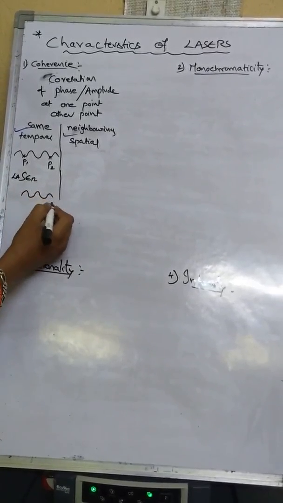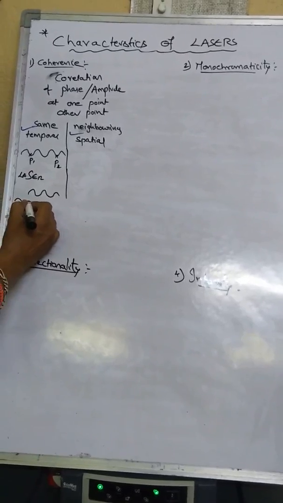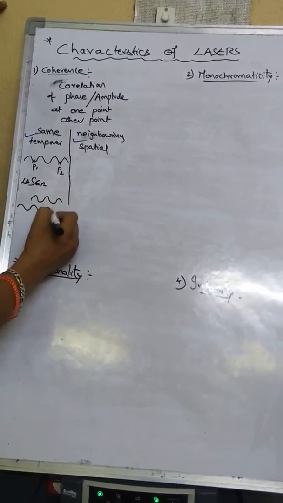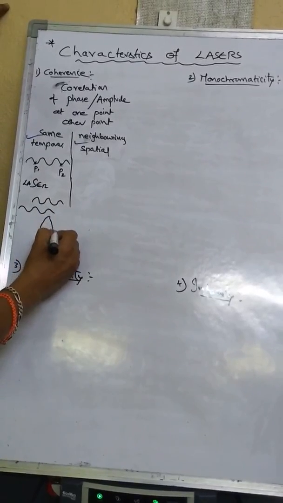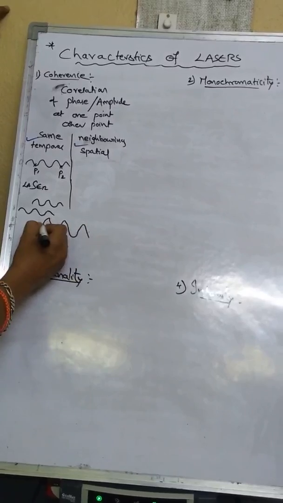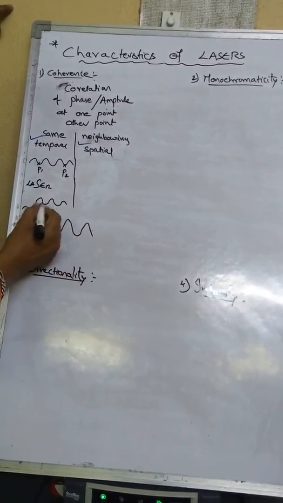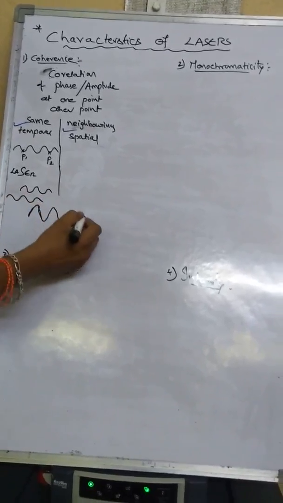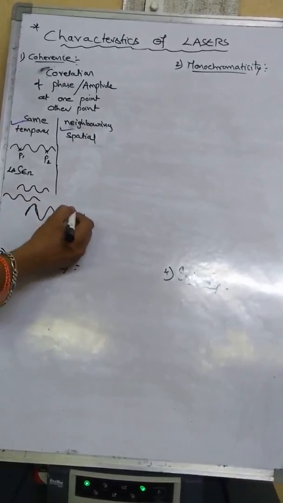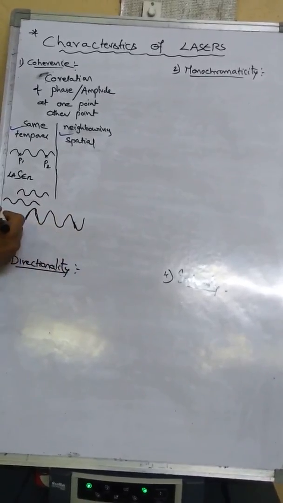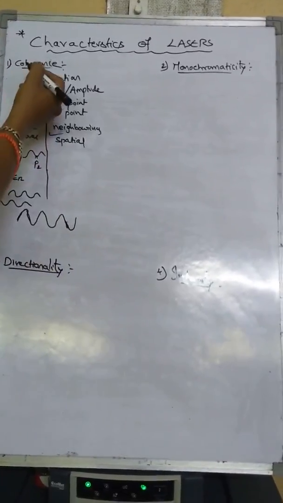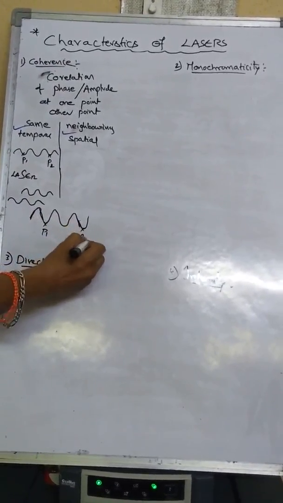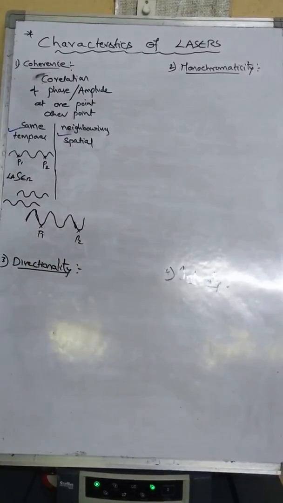Consider a photon like this, and another photon in the same phase. Then the combination of these gives rise to a high intensity beam of the same phase. The two may be superimposed because they maintain the same phase, and this gives rise to a continuous wave. The length of this wave is said to be the coherence length. If I consider 2 points here, P1 and P2, obviously these 2 points will maintain temporal coherence.